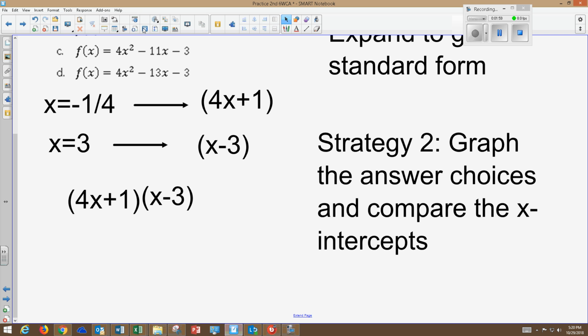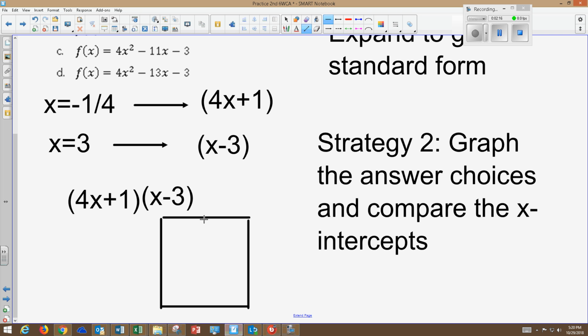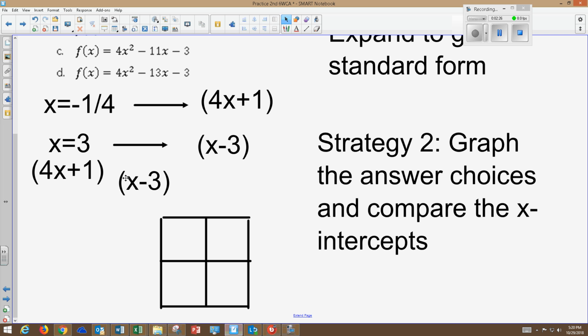It'd be nice if I built a little box here. Okay, so we're doing a box method here.